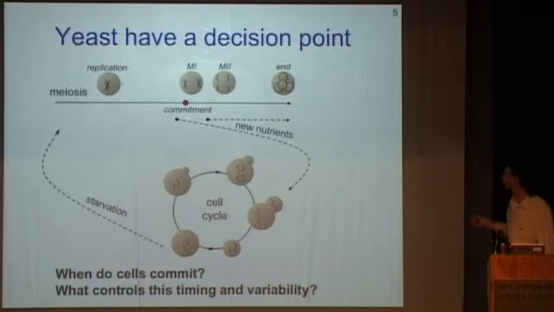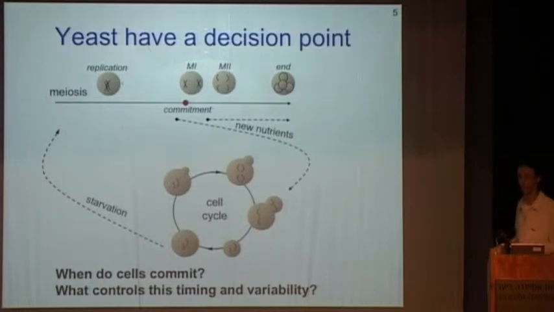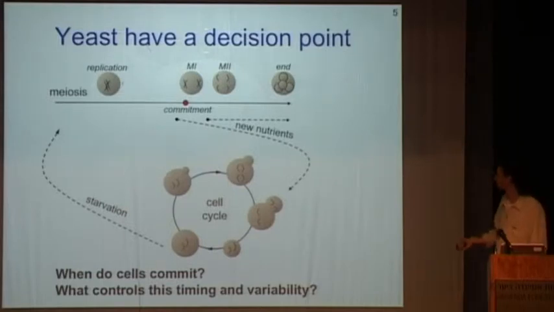There is a point which can be naturally defined as a point of decision, and that is the point in which it becomes detached from the signals, and even if you bring food back to the environment, it will keep on in the same process through the bitter end. And so we'll define this as the decision point, and we'll try to ask when do different cells commit, and what are the things that control this time.